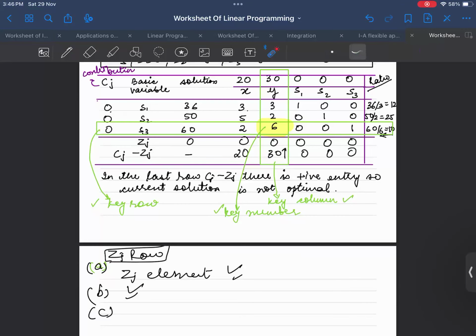Third, C: the Z entries under the other columns have the following interpretation.